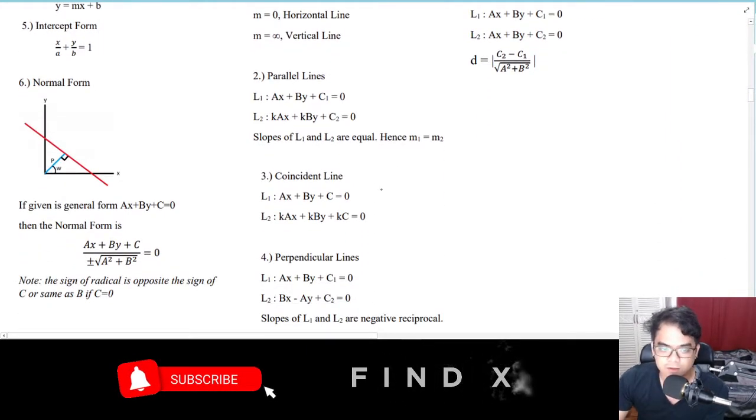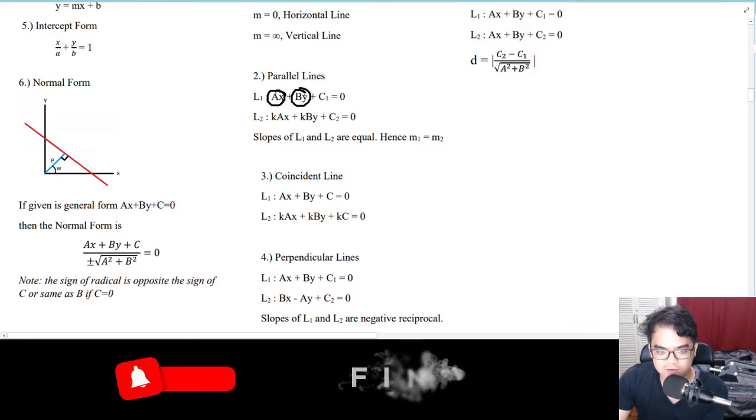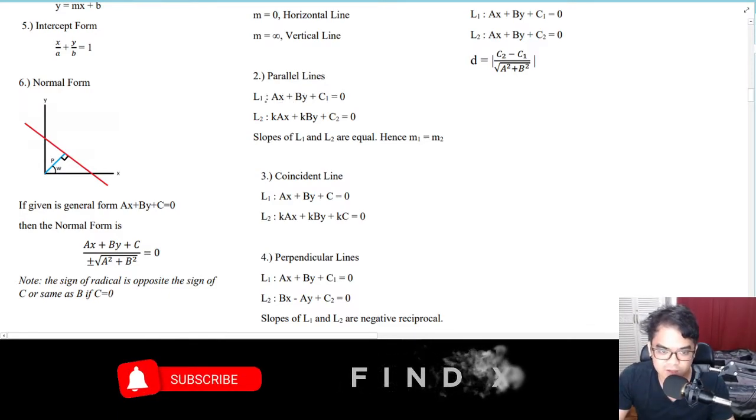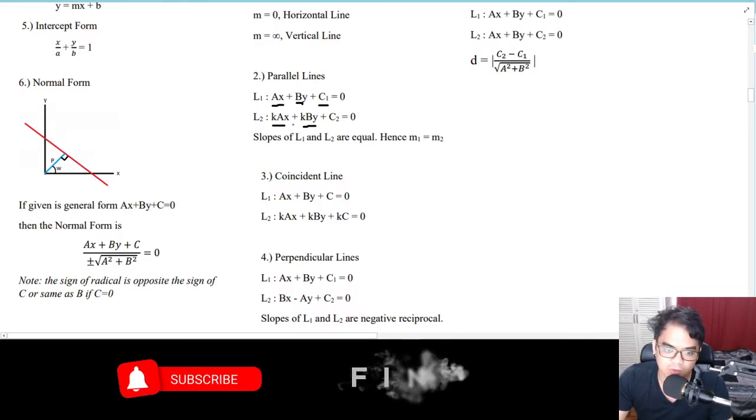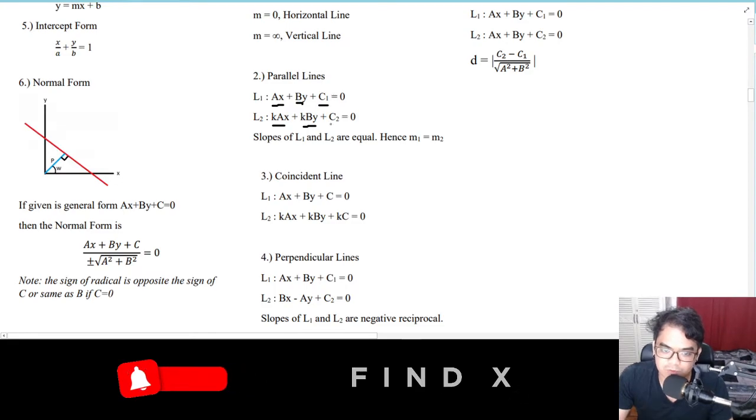For the next one, we have parallel lines. Let's say the first line L1 is ax plus by plus c1, and the next line is kax plus kby plus c2. You can see they will only have different c1 and c2. Their c will be different, but the a and b are the same.